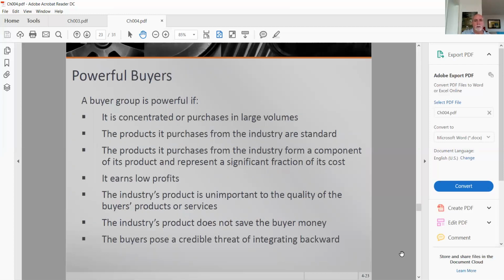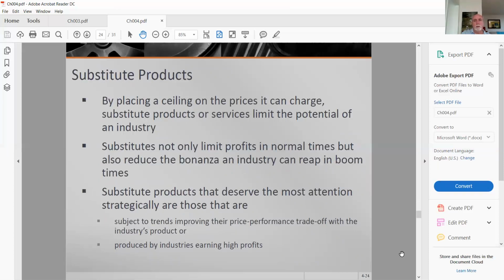Powerful buyers exist if they concentrate purchases. So when we start thinking about conglomerates, or substitution of products, again crossing back over to the CIS side, where and how would you look at utilization of clouds? Public cloud, private cloud, hybrid cloud.